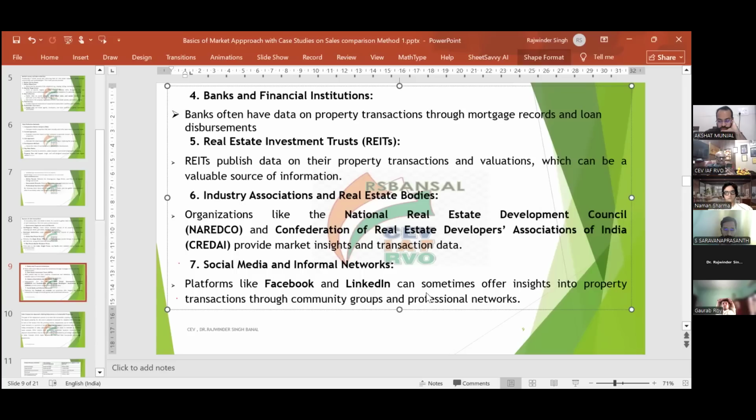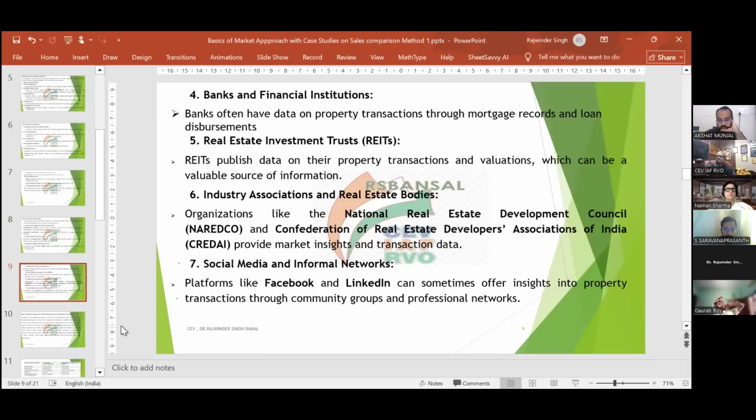And then social platforms like Facebook and LinkedIn can sometimes give insights into property transactions through professional and community groups.